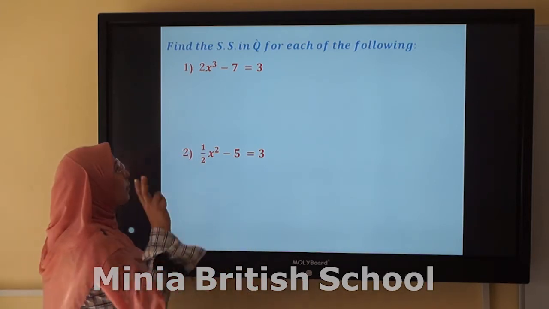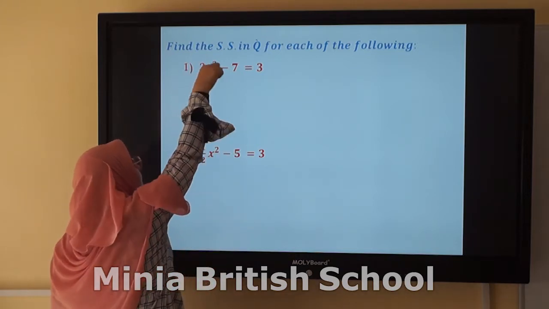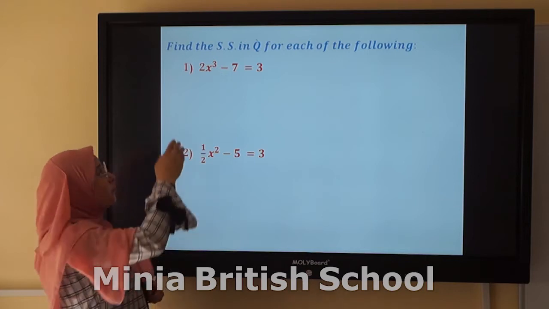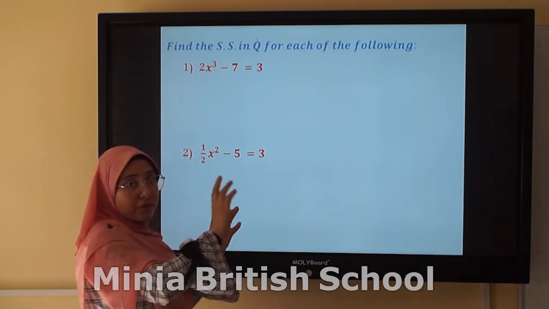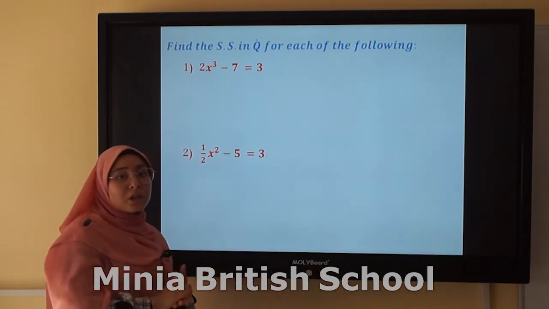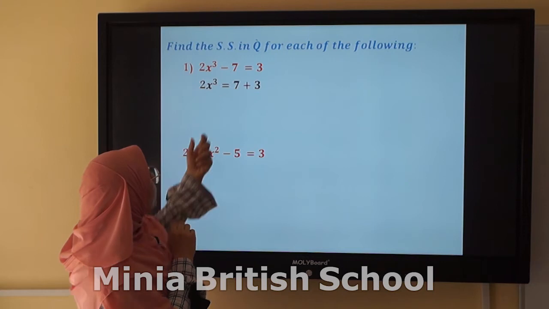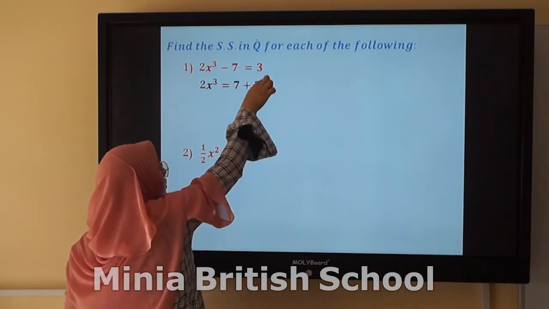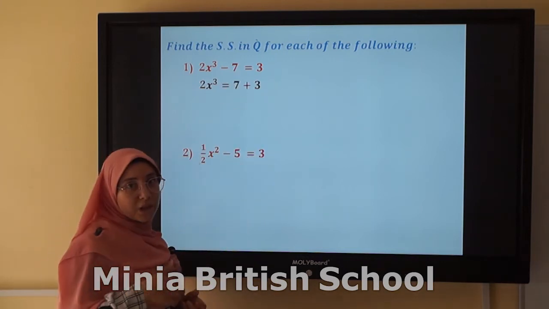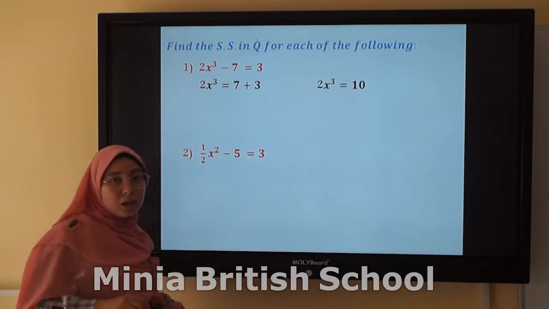So I will separate between the variable and constant, okay? So I will move negative 7 to the other side with the opposite sign. So we get 2x power 3 equals 7 plus 3. Simplify it, we get 2x power 3 equals 10.